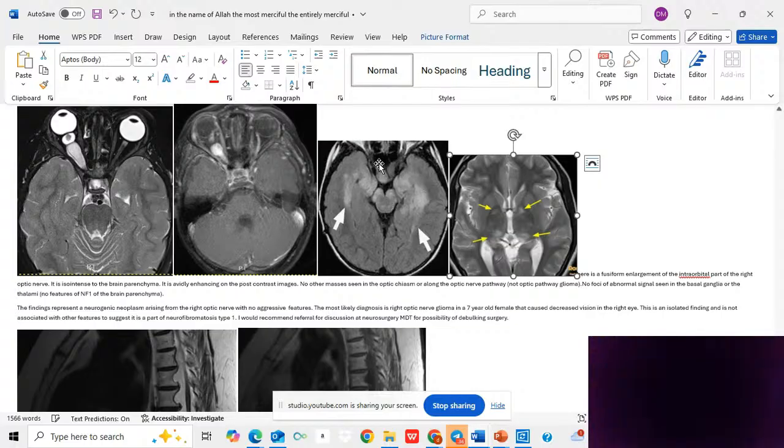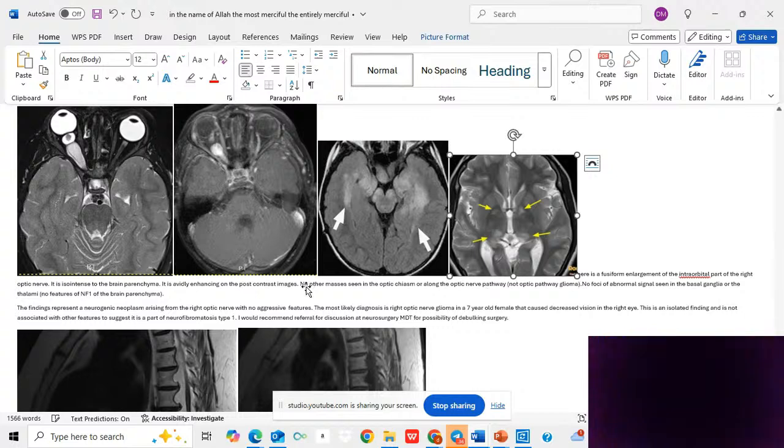If there is intracranial extension into the optic chiasm and optic nerve pathway, this will make the diagnosis more likely to be optic pathway glioma. And this case is not optic pathway glioma. This case is optic nerve glioma, localized to the right optic nerve. Okay.